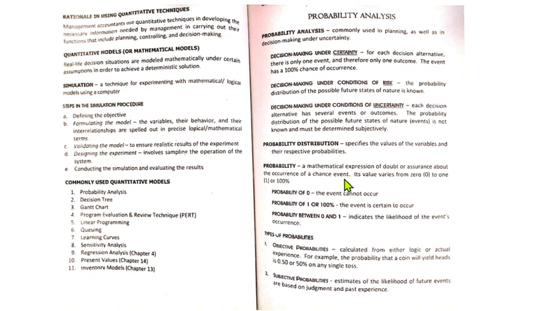So we refer to risk and uncertainty here as different concepts. Kapag sinabi nating risk, we refer to the future states of nature as being known, and when we say uncertainty, we refer to the states of nature which are not known and will be determined subjectively. Okay? So, yun yung pagkakaiba niya.